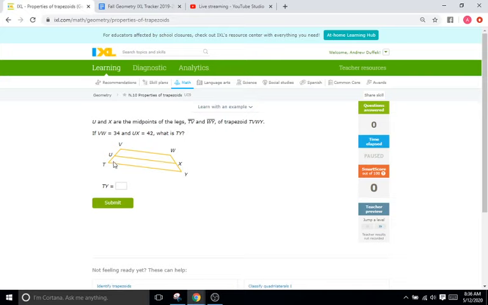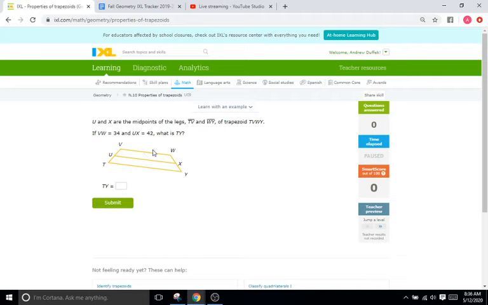And in this diagram, we have a line UX that is kind of like the midpoint of the shape. So U is the midpoint between V and T, and X is the midpoint between W and Y. It says that if the length VW is 34 and UX is 42, then what is the length of the longer base down here, TY?